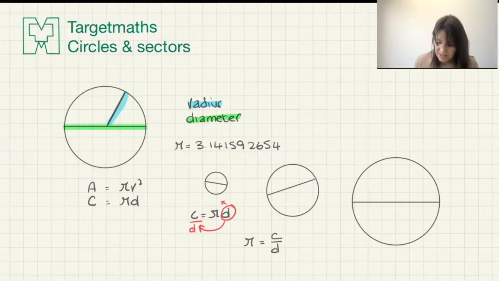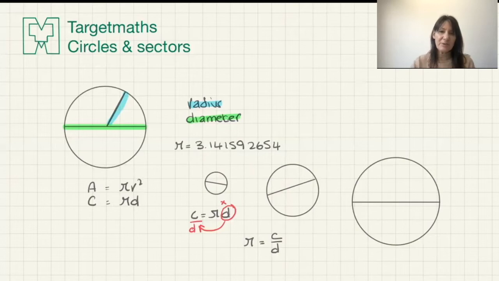It doesn't matter what size circle you have. If you take the circumference and divide it by the diameter, you get that number. Every single circle gives us that number, which is why this number is so important and why it appears in our calculations, because of that relationship between the circumference and the diameter.